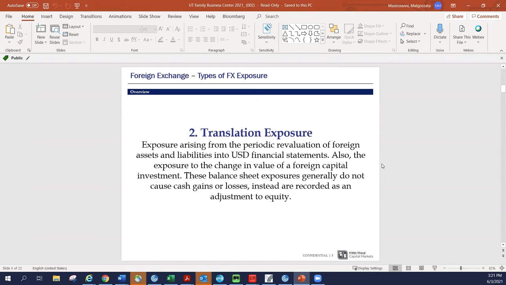If you have an operation in the UK, as an example, valued at 1 million pounds, and the pound is trading at $1.40, that US dollar value is going to show that it's worth 1,400,000. If pound sterling drops to $1.14 as it did last year, that valuation in US funds is going to be significantly lower. So that's translation exposure.